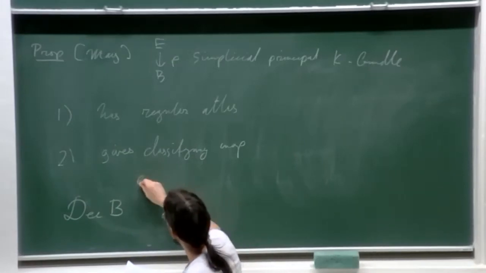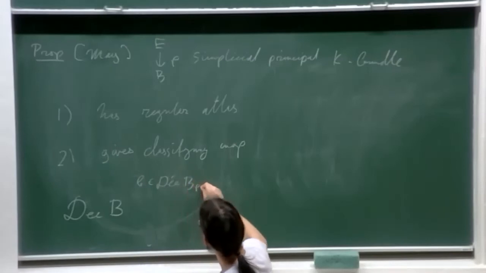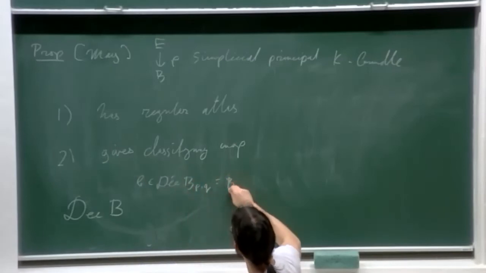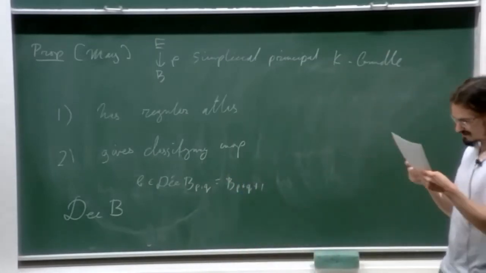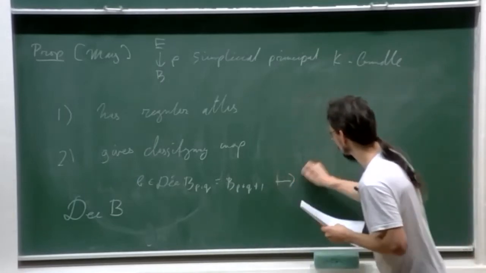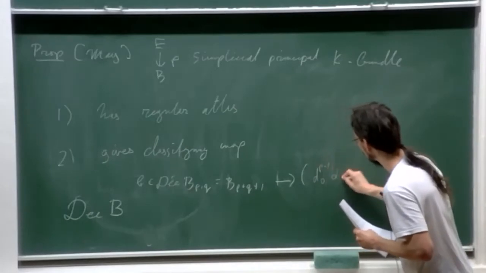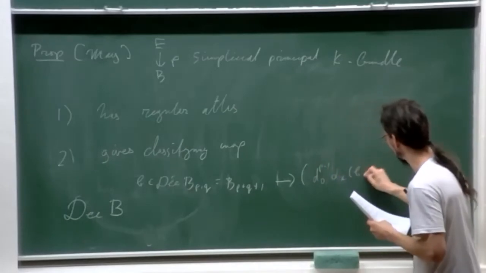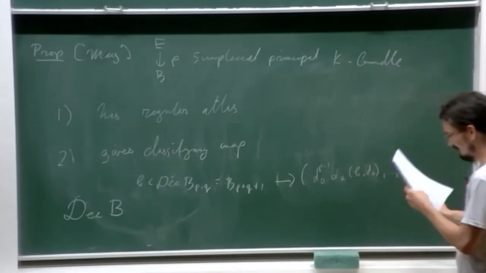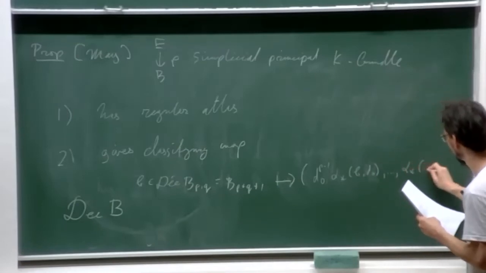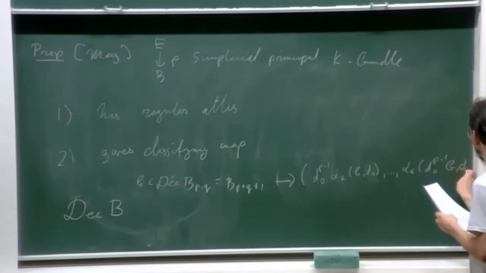So if you've got a PQ simplex of the decalage, that was just a P plus Q plus 1 simplex in B. Then you can map it to this thing: D0 P minus 1 alpha star, B D0, and so on, alpha star D0 to P minus 1 B D0.